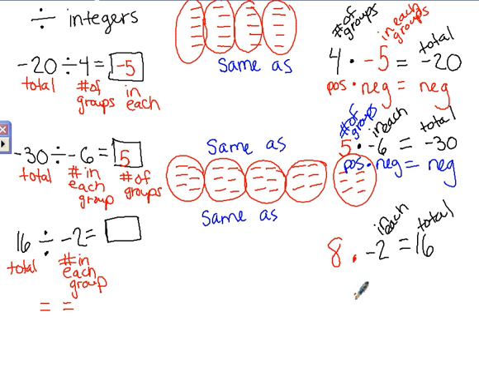So I know that this number is negative because it's given to me in the problem, and I know that this number is positive. So then I ask myself, what times a negative will give me a positive? And I know that a negative times a negative will give me a positive, and therefore 8 has to be negative. So I go over here and say 16 divided by -2 is -8, because in our fact family, a negative times a negative was a positive.